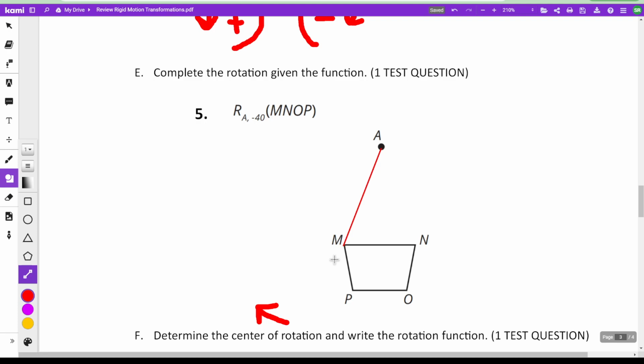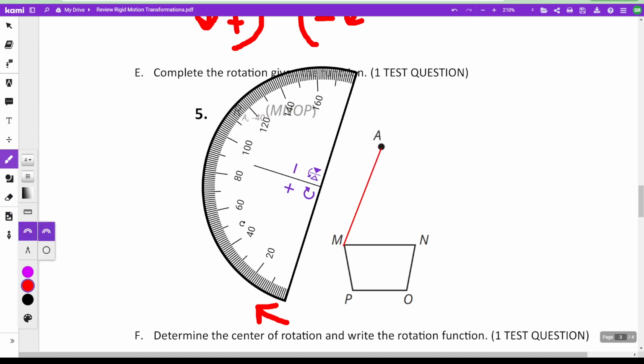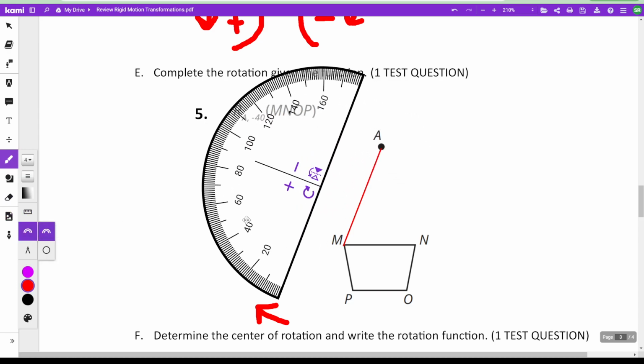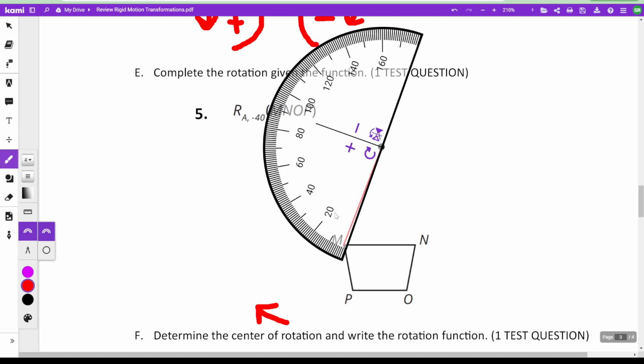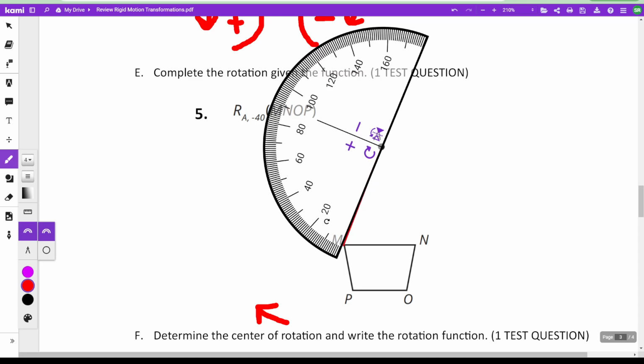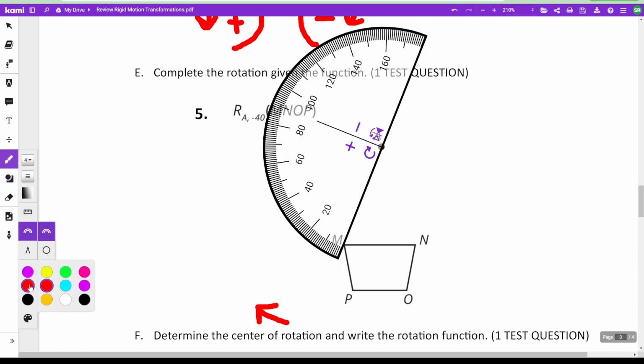And here I want to rotate M. Now once I have that line segment, I can get the protractor and line it up with that line segment that I drew as my 0 degree line, with the center of rotation at my center, and with that line on my 0 degree line, which in this case will be right there. And then I'm going to mark off 40 degrees. Should be right there.